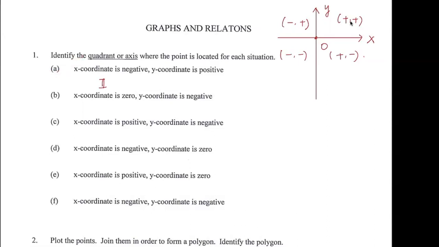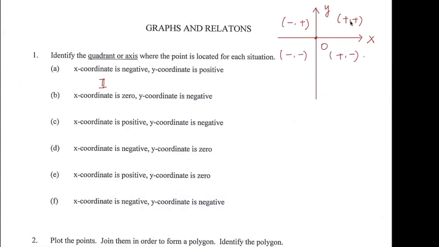Let's look at part B. The x coordinate is 0, the y coordinate is negative. When the x coordinate is 0, we are looking at the points on the y-axis, because only on the y-axis do the points have an x coordinate of 0.